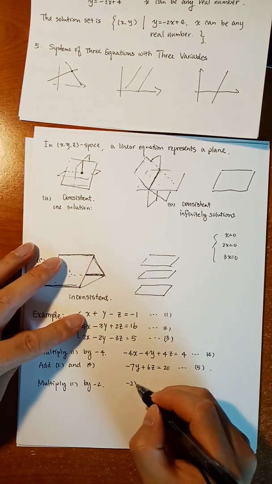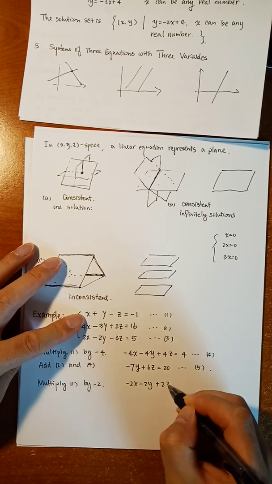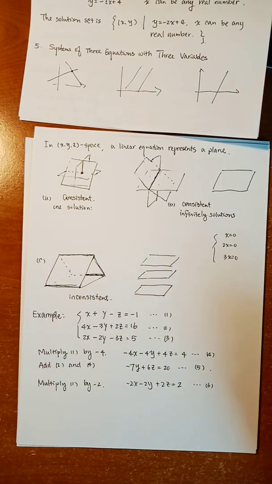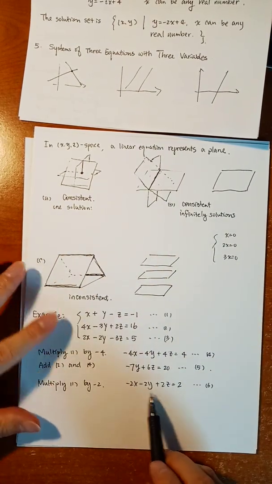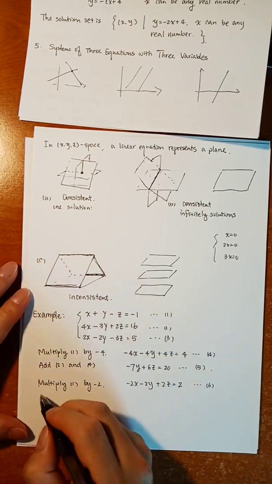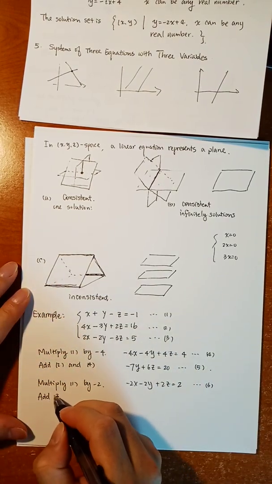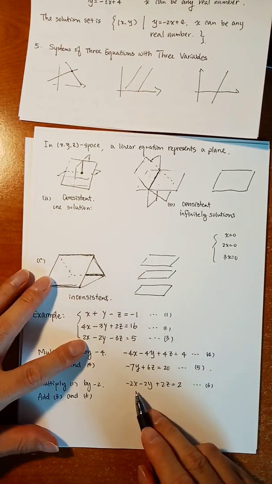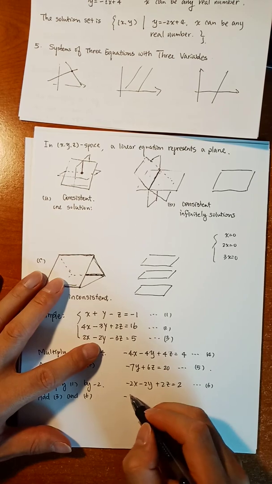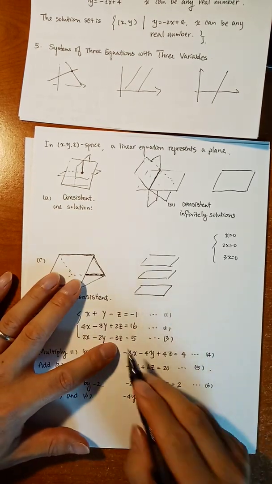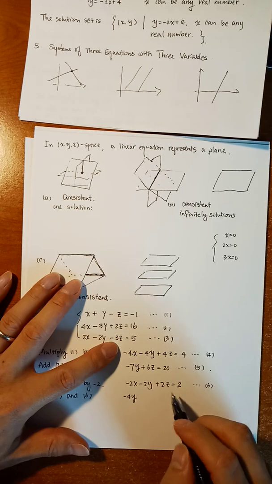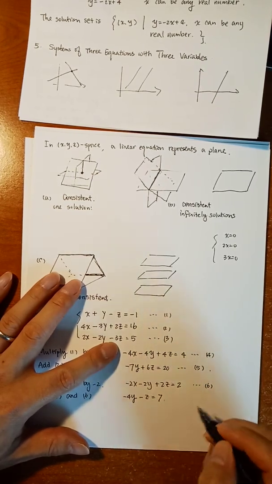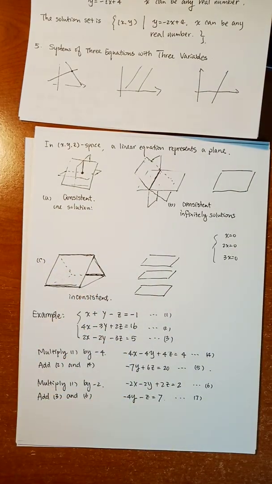So it becomes -2x minus 2y plus 2z is equal to 2. Let's call it equation 6. And then we're going to add equation 3 and 6. 2x, -2x cancel. -2y, -2y, -4y. -3z plus 2z is minus z. 5 plus 2, 7. That's equation 7.